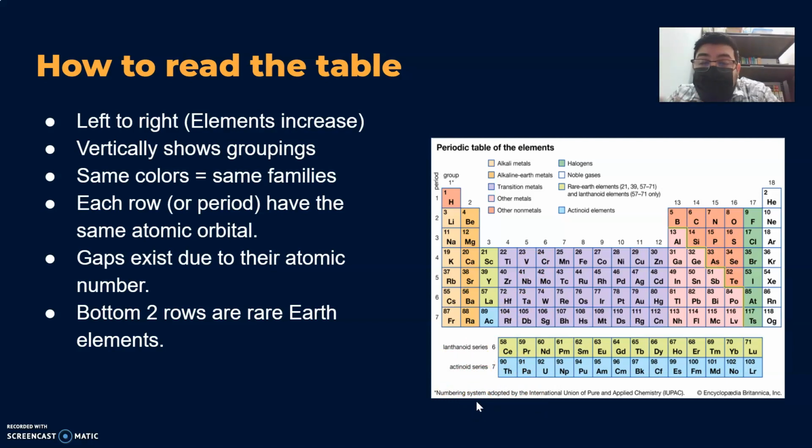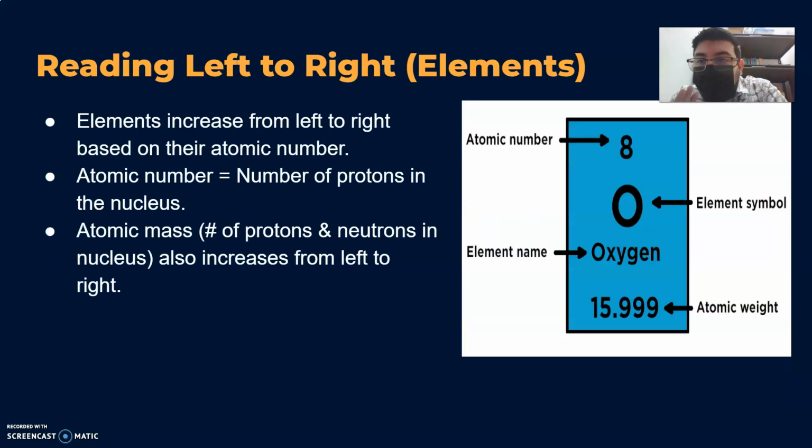Let's look more closely into it, because this is just introducing you to the topic, and then we'll look in greater detail. When you're reading from left to right, the elements are increasing based off of their atomic number. The atomic number is the number up top, and that means how many protons are in the nucleus.